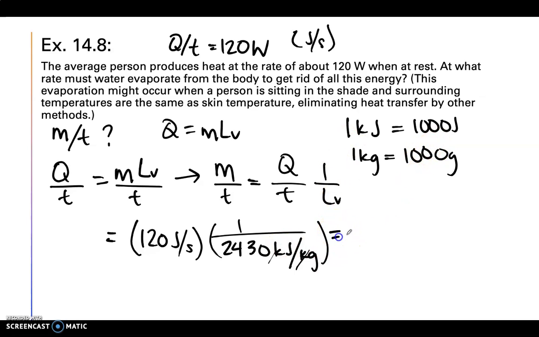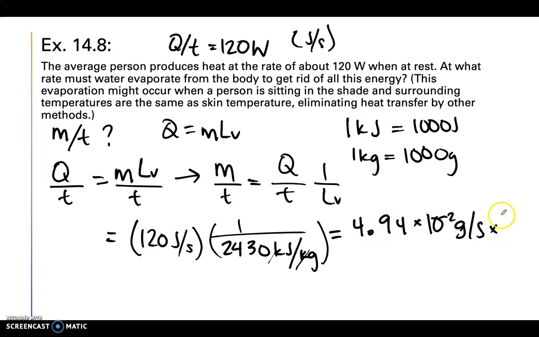So this will give me a value, let's see, 120 over 2,430 of 4.94 times 10 to the negative 2, and this is in grams per second. Let me go ahead and translate this into minutes.